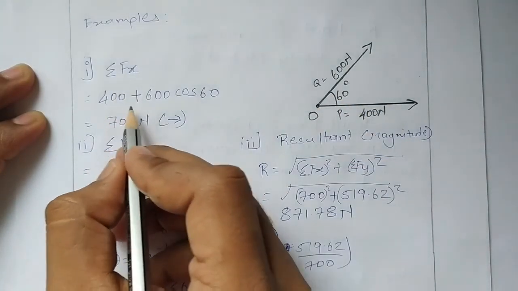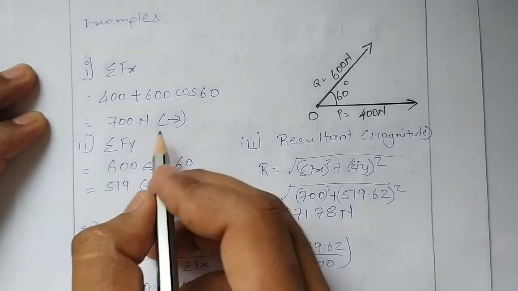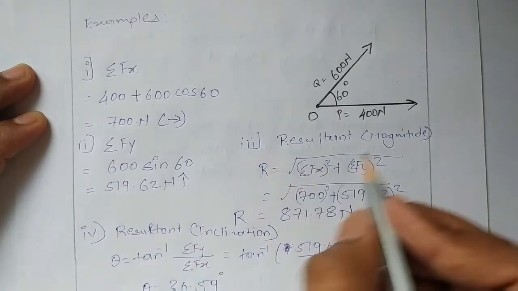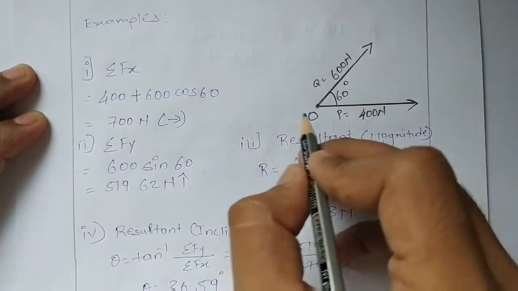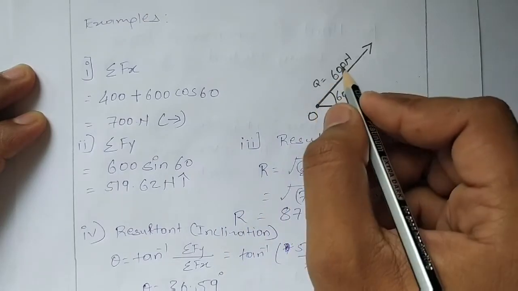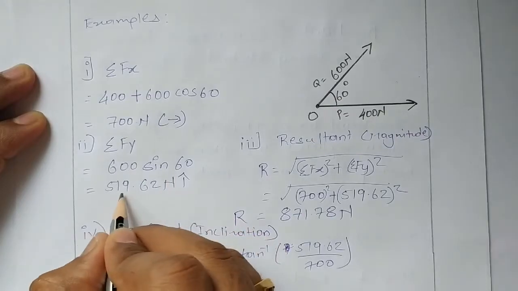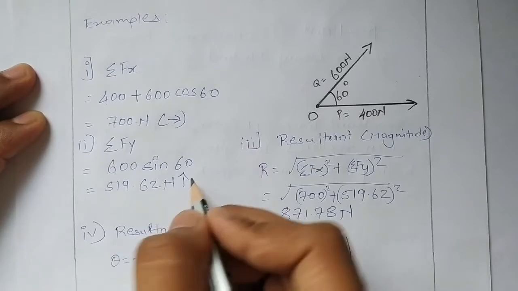So summation comes out to be 700 Newton positive, that is towards right. Then similarly summation of Fy. For the P force there is no vertical component. The vertical component of the Q force is 600 sin 60, which is 519.62 Newton upwards. That means it is positive.